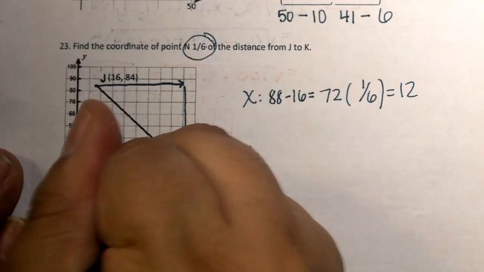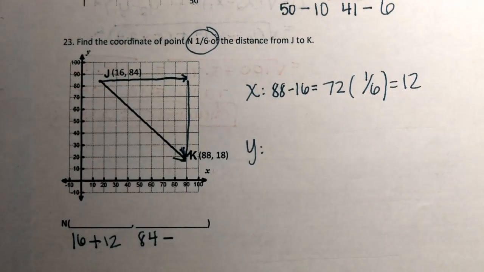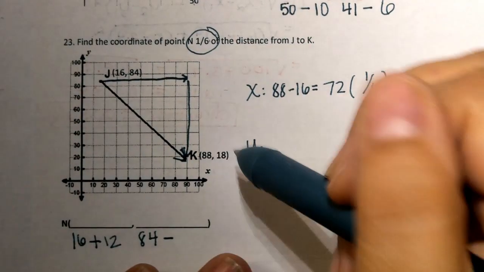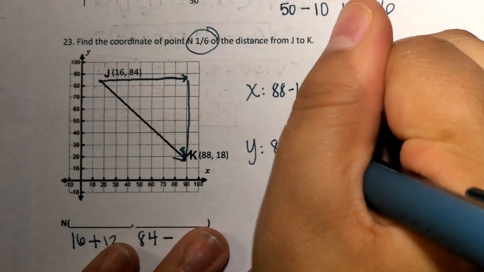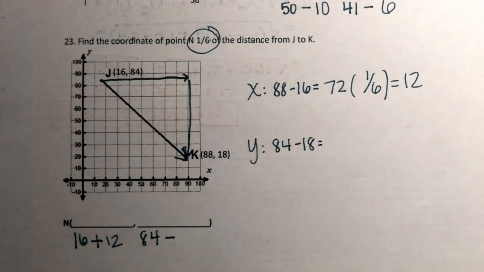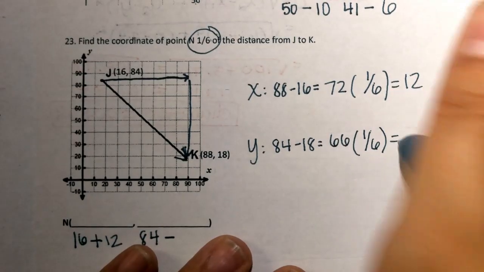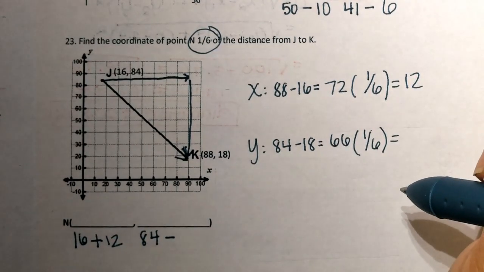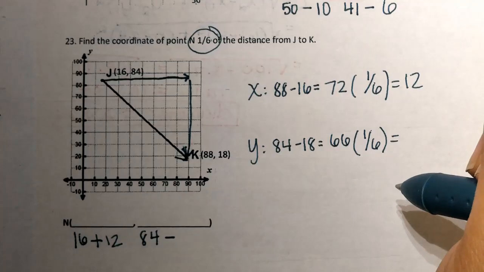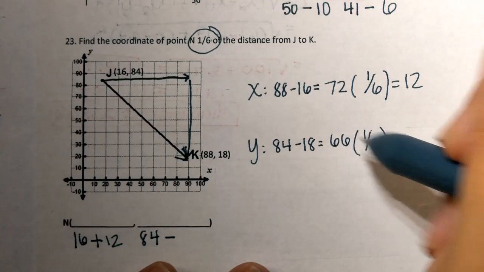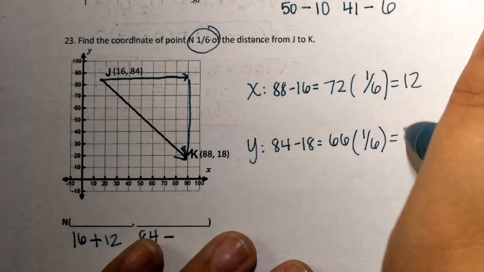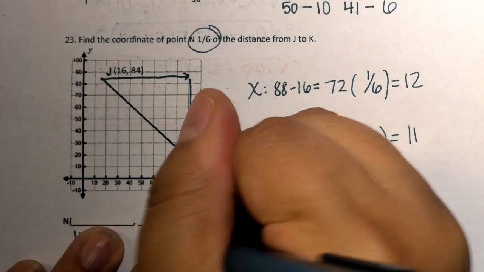That's my x. For my y, what is 84 minus 18? 66. What is 1/6 of 66? 66 divided by 6 is 11.